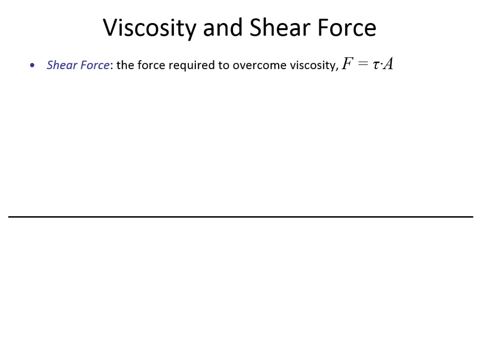So if shear stress is newtons per meter squared and area is meters squared, then shear stress times area has units of force. So how does that work? It's basically just the viscosity times area times du dy.